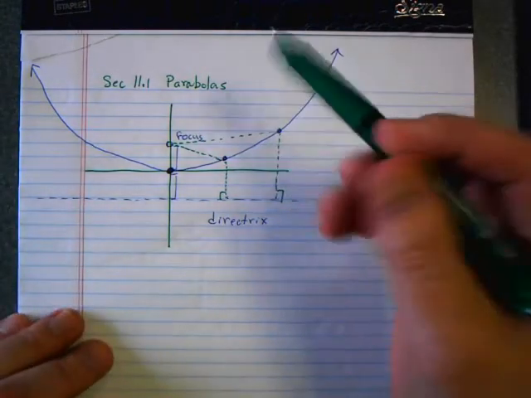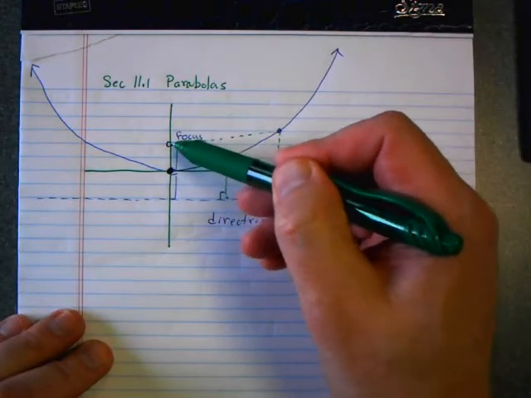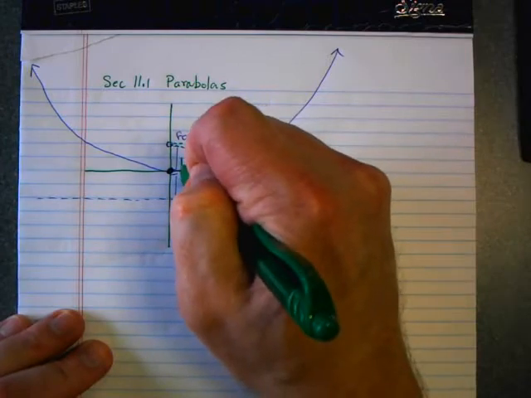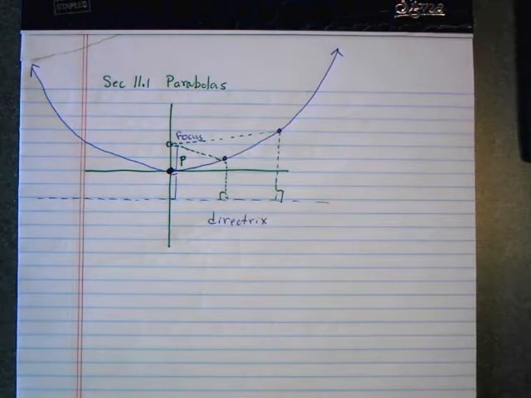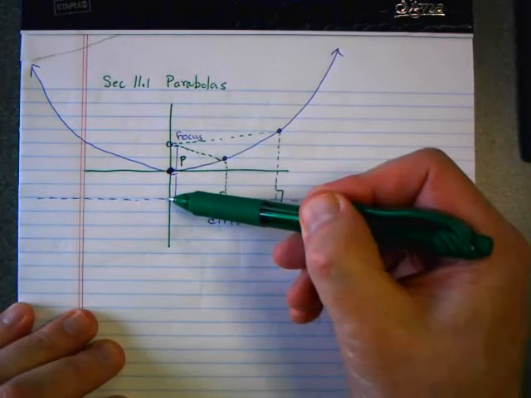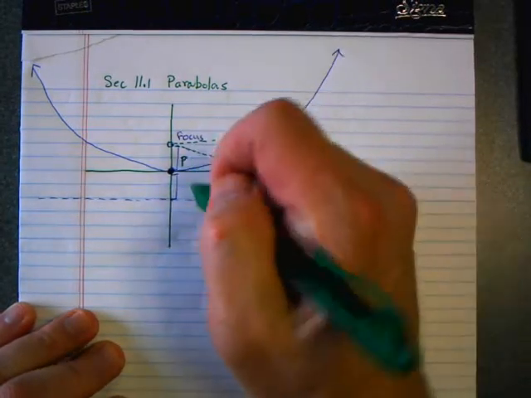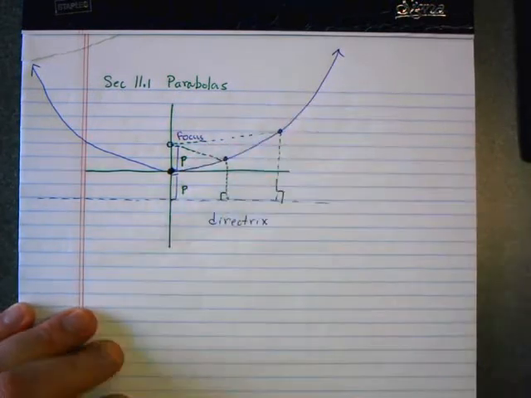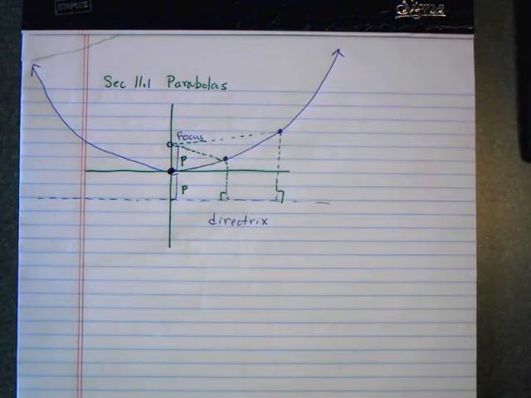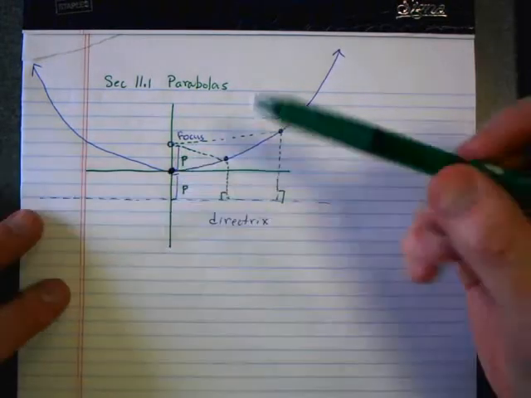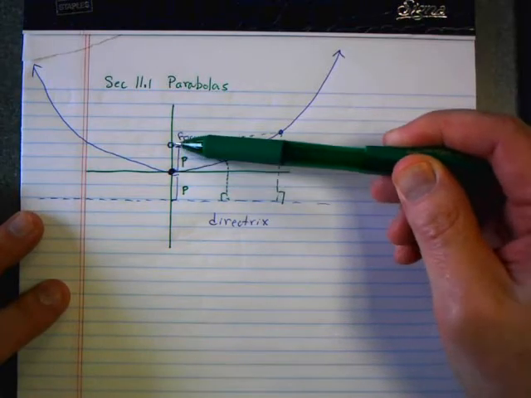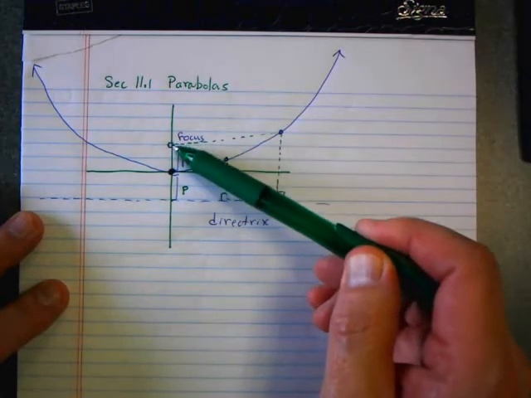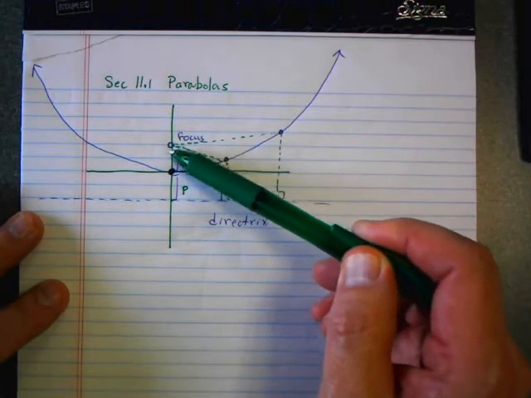This distance, the distance from the vertex to the focus, is traditionally called P. Why they use the letter P, I have no idea. And then the distance from the directrix to the vertex is also the exact same distance. It's also P. So, if the distance from the vertex to the focus is a length of P, what are the coordinates of this point right here?